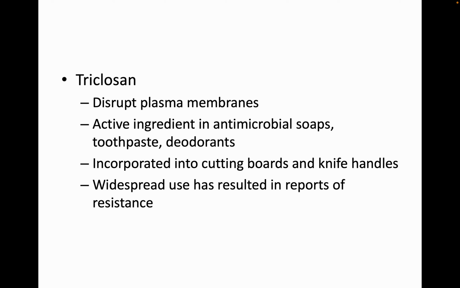Triclosan has the ability to disrupt plasma membranes. It's an active ingredient in antimicrobial soaps, toothpaste, deodorant, and it's incorporated even into cutting boards and knife handles. Widespread use of triclosan has resulted in reports of resistance.